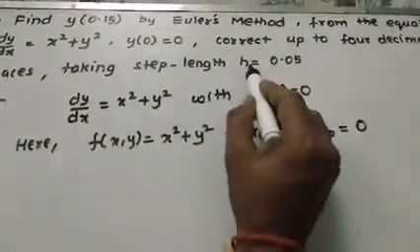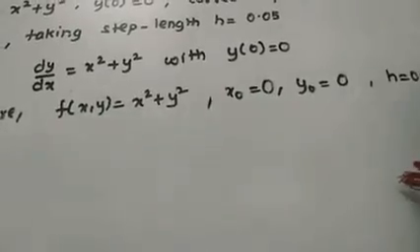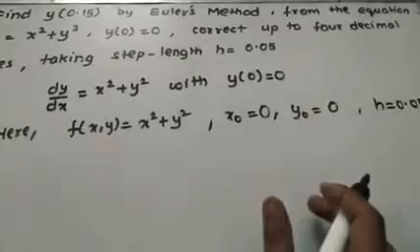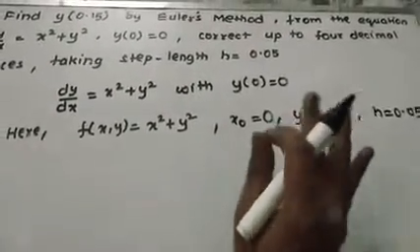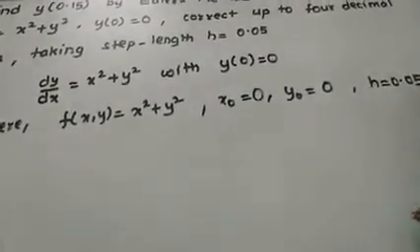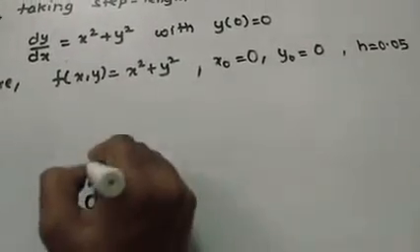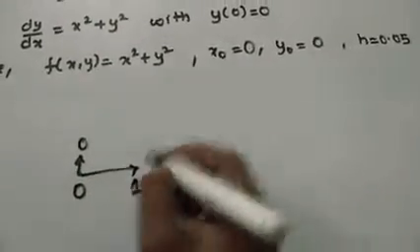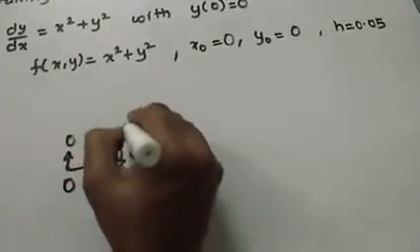And at the last line, the step length is given to you, h equals 0.05. Step length means the amount by which it will proceed. The initial step, step 0, is 0. The next step, step 1, will increase by 0.05, so it is 0 plus 0.05.